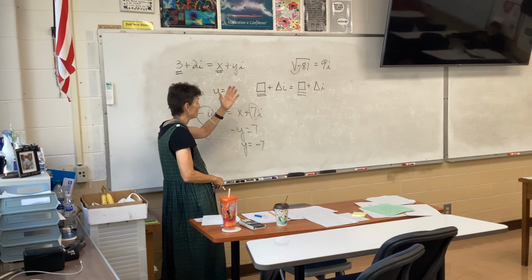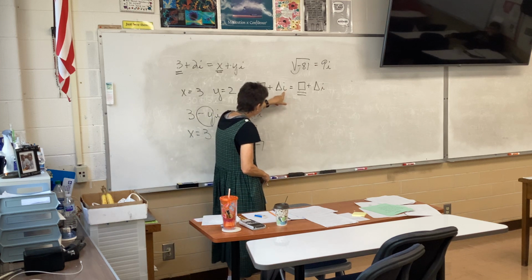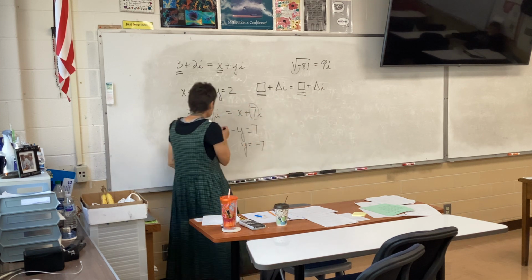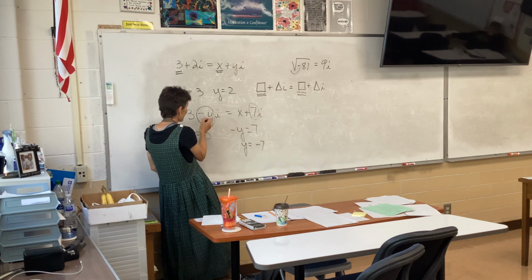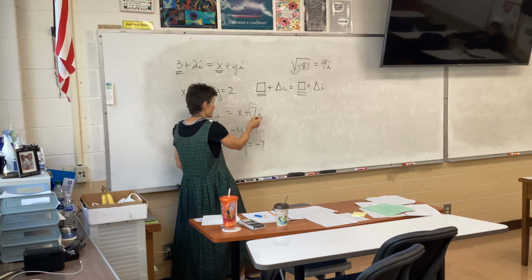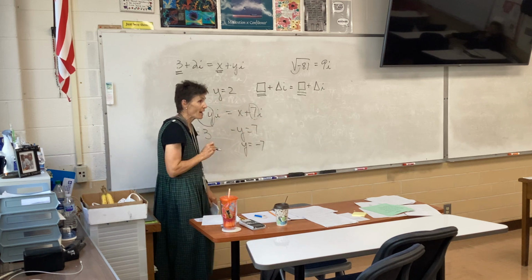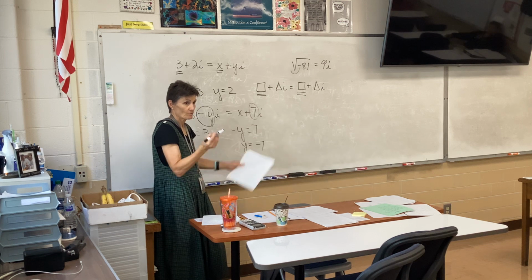They have to be the same. Whatever you have attached to the i has to match. So on this side we have a negative y attached to the i, and on this side we have a 7 attached to the i. Those have to match for the numbers to be equal.